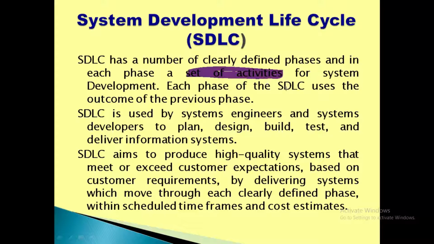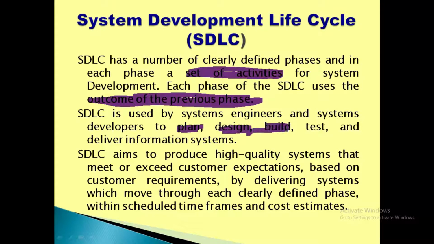Each phase of SDLC uses outcome of the previous phase. This is important. You should know कि हर phase का जो outcome है, that becomes the input of the next phase also. Correct? SDLC is used by system engineers and system developers to plan, to design, to build, to test, and to deliver the information systems.